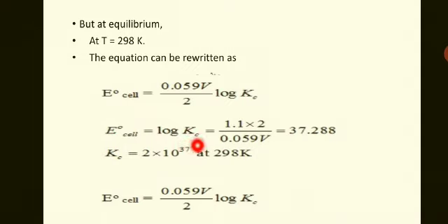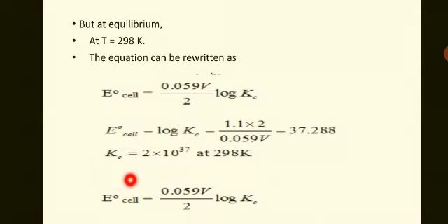E0 of the Daniell cell is 1.1 volt, which is the voltage of the Daniell cell, called E0 of the cell. The 2 which was in the denominator becomes multiplied, and the 0.059 volt goes to the division. So if we simplify this, log Kc becomes 37.288, and Kc becomes 2 into 10 raised to the power 37 at 298 Kelvin.